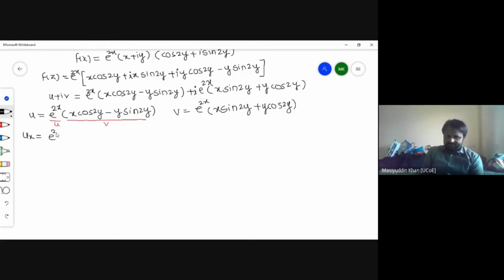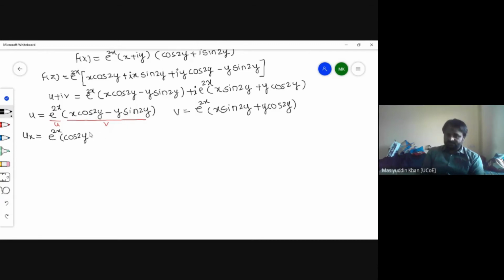e raised to 2x as it is, and the derivative of v with respect to x. When you differentiate with respect to x, the parts with y only will be zero if there is no x with them. Here we have x into cos 2y. So with respect to x, what is the derivative of x? It is 1. So cos of 2y as it is, and the derivative of this part with respect to x is treated as zero, because no x variable is present in these two parts.